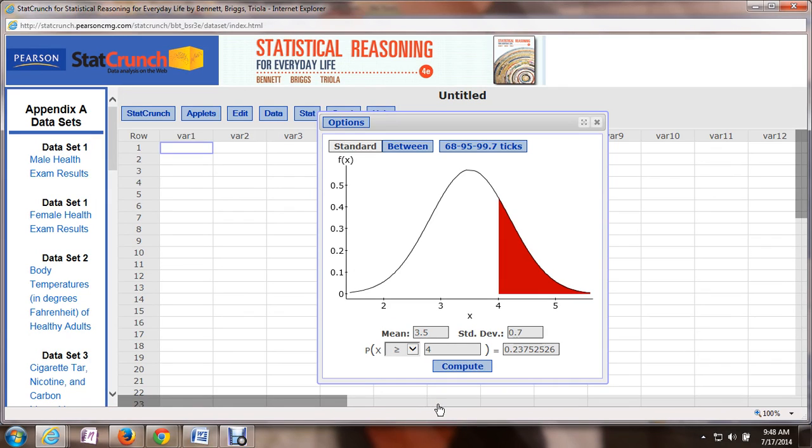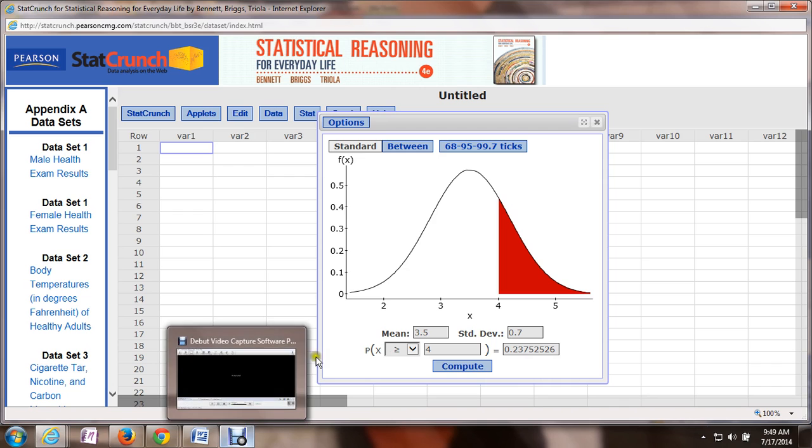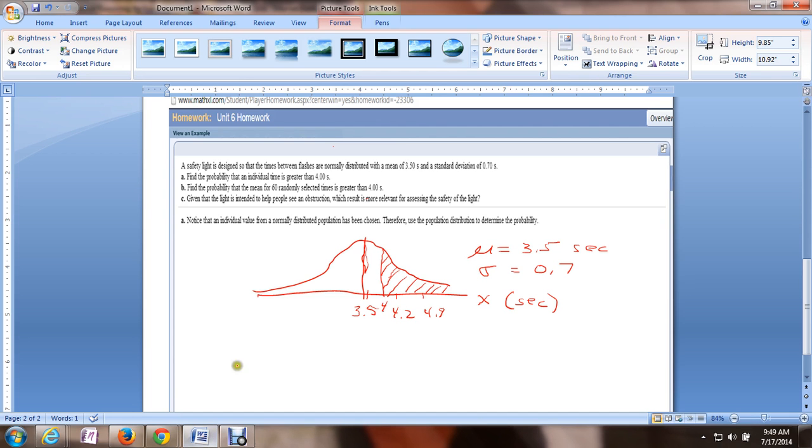So the probability that a single flash is greater than 4 seconds is 23.7%. Now, the second part says find the probability that the mean for 60 randomly selected times is greater than 4. That's a big difference, because now we're not looking at a single flash, but at a sample of 60.